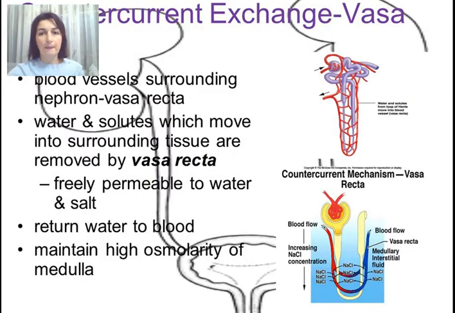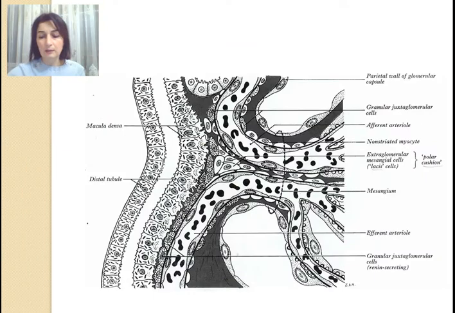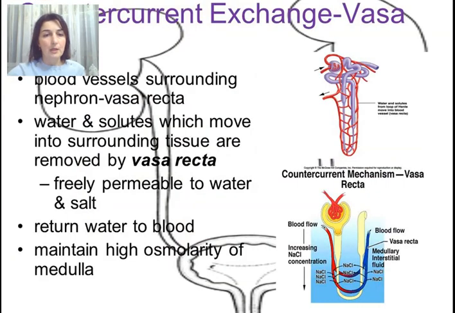Actually, the juxtamedullary nephrons, together with the vasa recta, form the countercurrent exchange system inside of the kidneys. There is a countercurrent exchange system, and we also have a countercurrent multiplier system. Actually, the vasa recta form the exchange system, and the countercurrent flow system will be formed by the juxtamedullary nephrons.